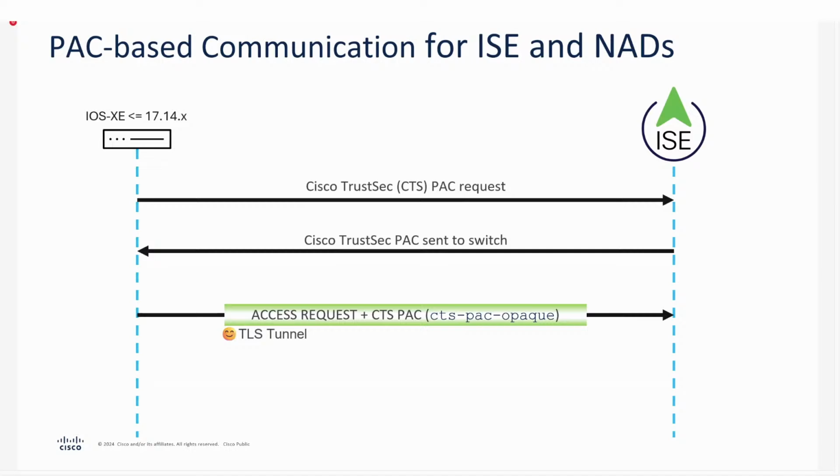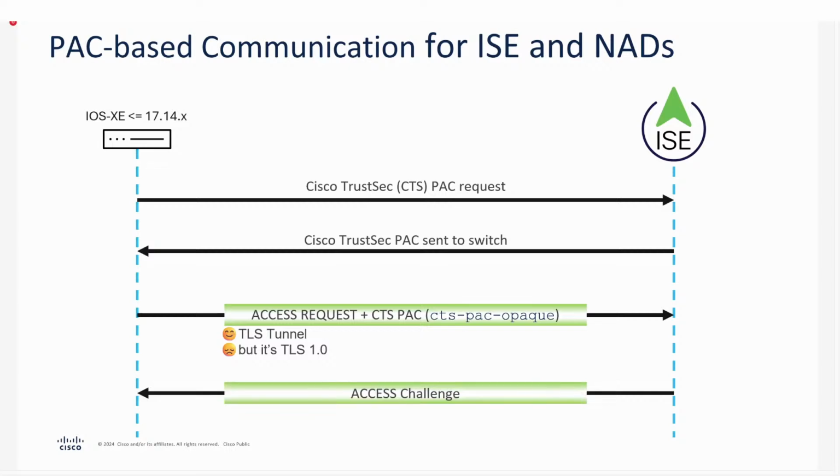Yes, it's a TLS tunnel, which is great for security, but it's a TLS 1.0 tunnel, which is not so great for security. So once we get the access challenge back, then we can do the whole authentication and move on to ISE. We're concerned about this part here, so that's what we're going to focus on.